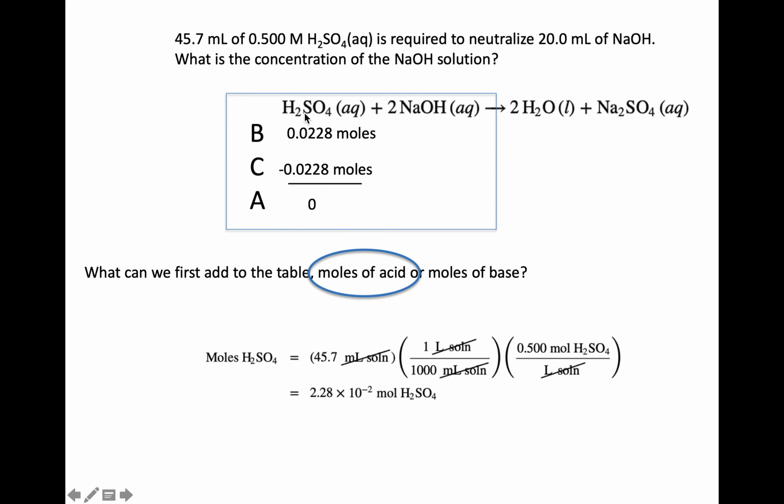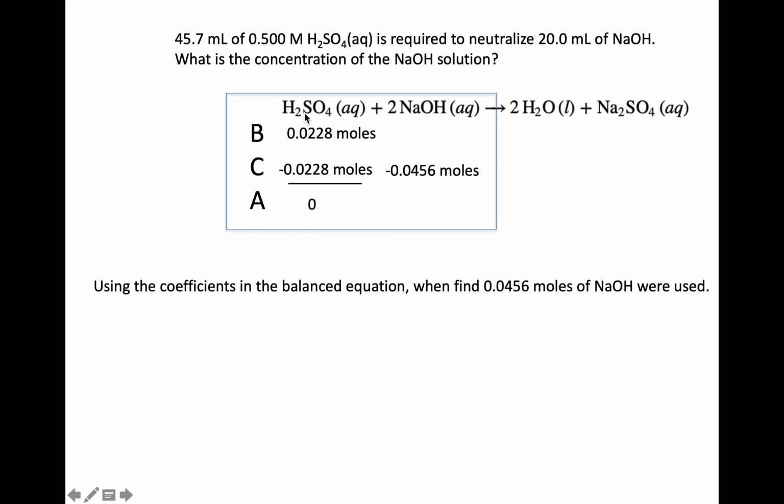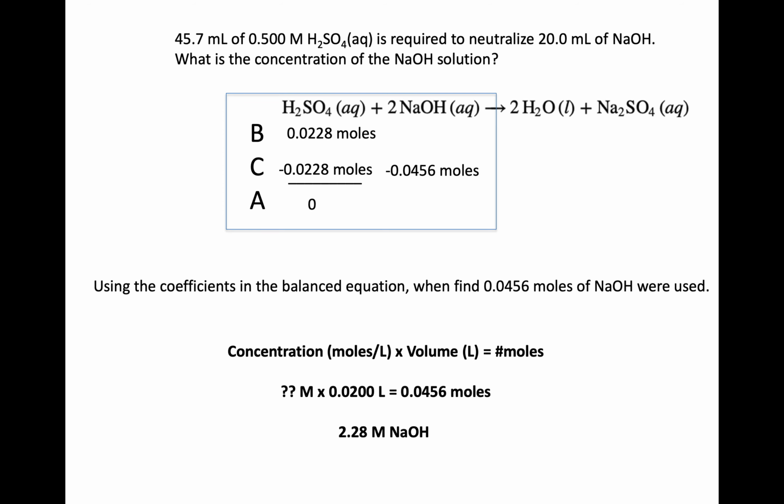Now I'm going to look at the coefficients. Using the coefficients in the balanced equation, for every 1 sulfuric acid, it takes 2 sodium hydroxides. So I've just scaled up the number of moles that I'll need for the sodium hydroxide. Same thing that I would have been doing back in chapter 3. And then finally, let's use the concentration information to connect that to number of moles.